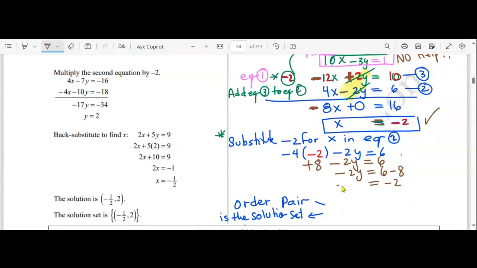How much will this give you? Minus 2. Minus 2y equals minus 2. That will give you how much? y equals 1. So I got how much y is. Do I get how much x is? Yes. So what's your final solution? -2, 1. Is that clear?